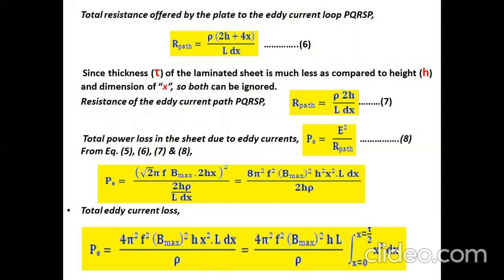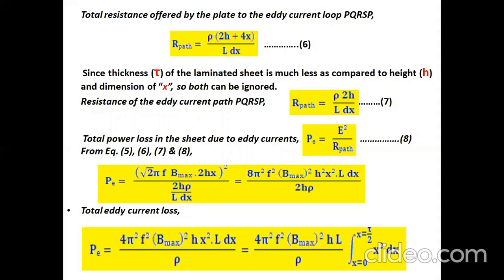Resistance of the eddy current path PQRSP, R path equals rho 2h divided by L dx. Total power loss in the sheet due to eddy current, P equals E square by R path.